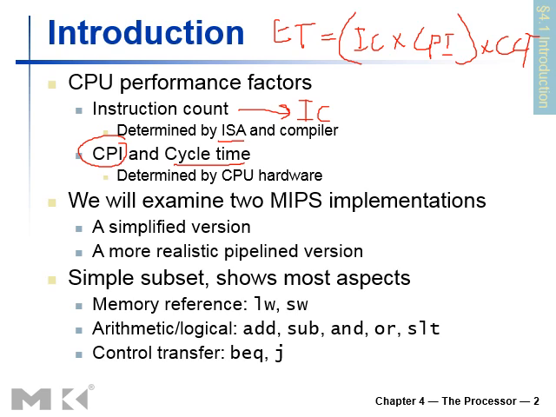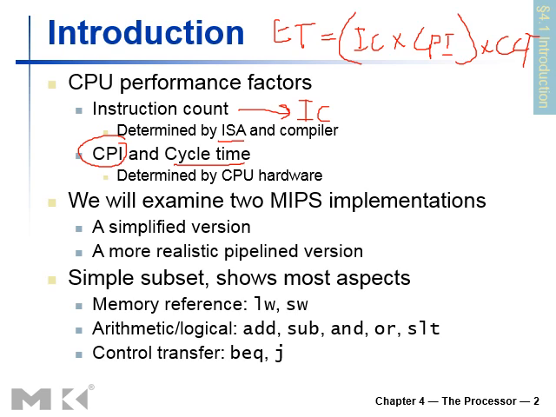Instruction count depends on the instruction set architecture and compiler, while the CPI and cycle time are determined by the CPU hardware. They depend on what sort of hardware components we use, for example the clock rate at which the processor operates, and the resources we use with that processor.